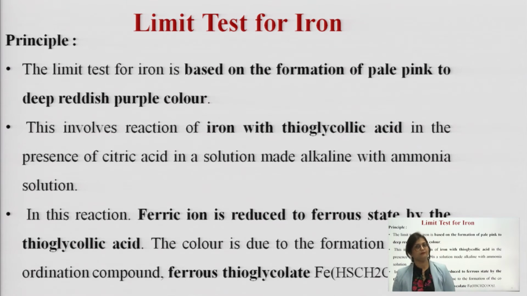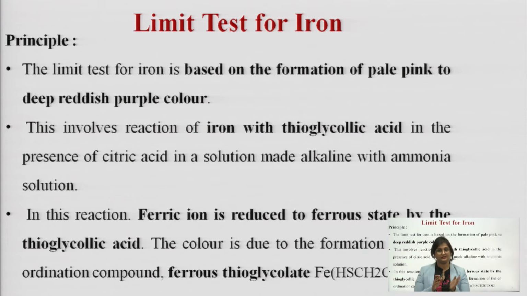Two very important points which you need to remember and memorize are: what is the permissible quantity of the standard, and what is the basis of identification of the test and the standard?